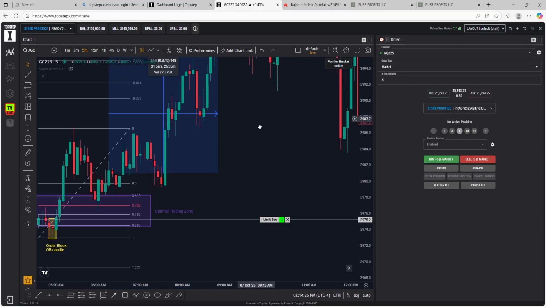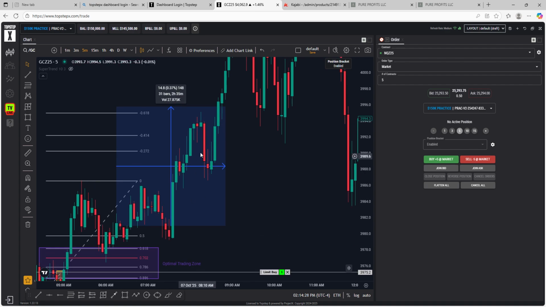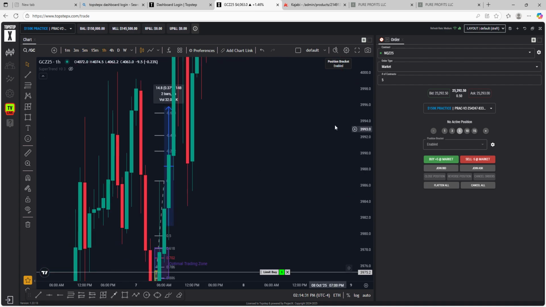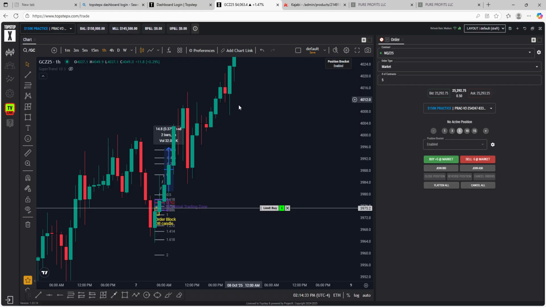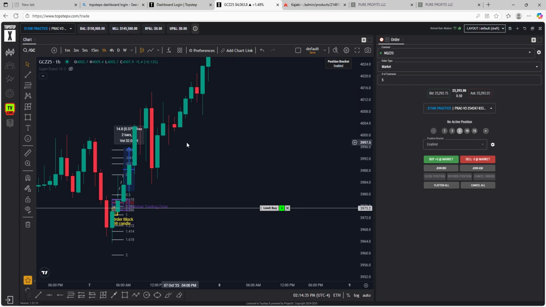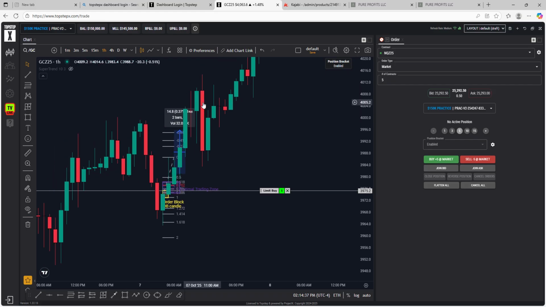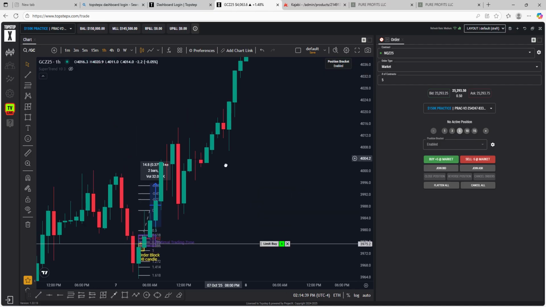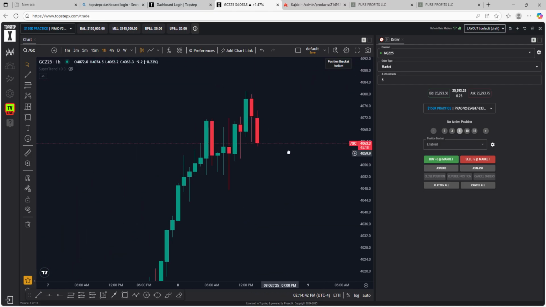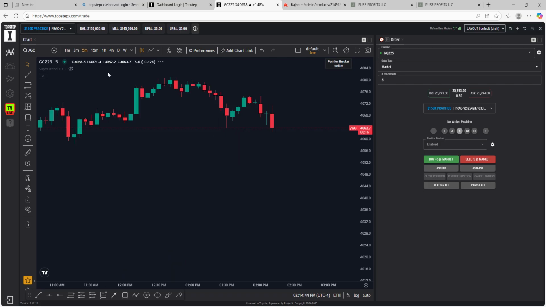Right after the break of structure too, we've been bullish on our higher time frames. Aligning with structure on our higher time frames, we can hold this trade. That's a confirmation. Boom. Holding this trade, holding this trade, holding this trade. Let's go back.